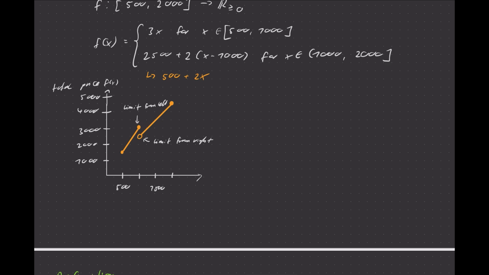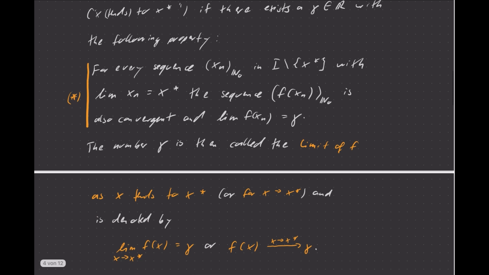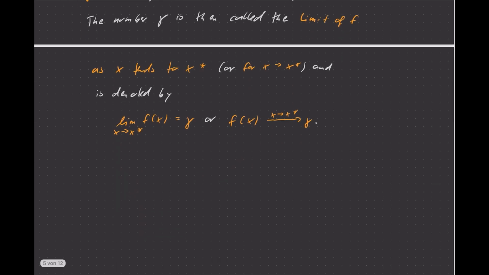So obviously those two do not agree. And that's why we also want to define what we call one-sided limits, because this is the case very often in practice. And we define those in the same way by just restricting the sequences to those that lie completely on the left of x star, or completely on the right of x star.